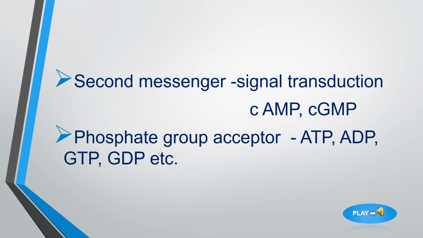Nucleotides act as second messengers in signal transduction, for example cyclic AMP and cyclic GMP, and act as phosphate group acceptors. ADP combines with a phosphate group to form ATP, and GDP combines with phosphate to form GTP.